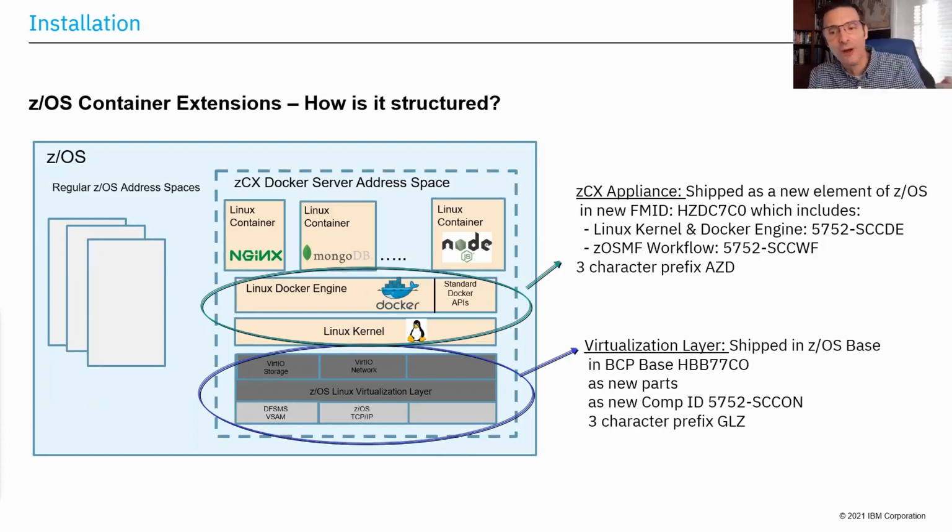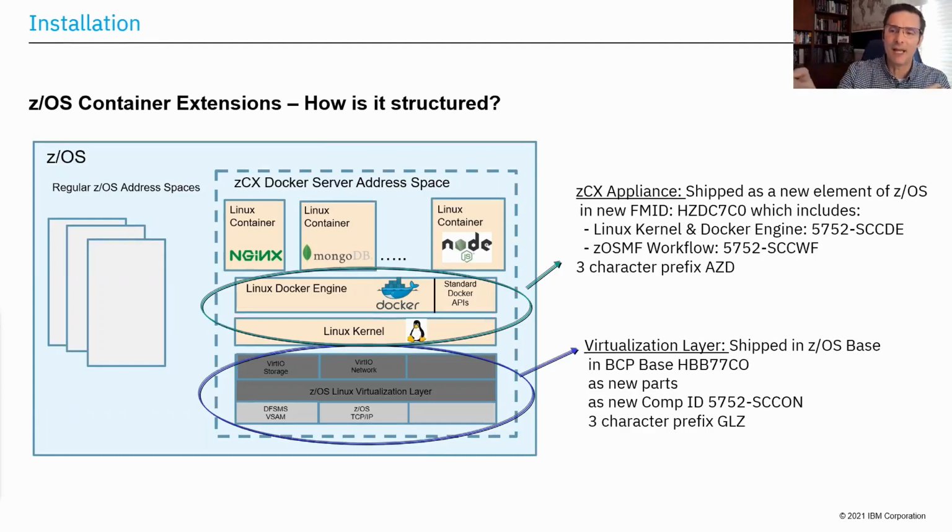More often than not, though, most of the code that is used to deploy zCX, and where a lot of the time you're going to be applying additional functionality, as we have a continuous delivery of new functions added all the time, is going to be to the new FMID that was created in zOS 2.4, called HZDC7C0, which includes both the Linux kernel and Docker engine, as well as the zOSMF workflows that you're going to need to run zCX.